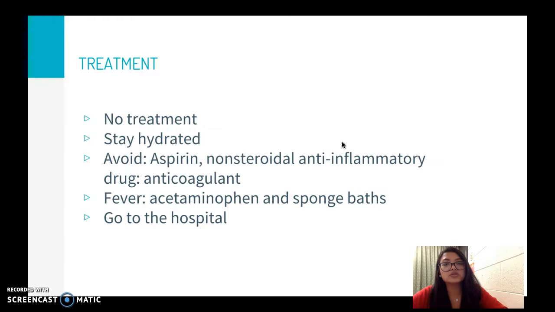To lower the fever, you can take acetaminophen or have tepid or lukewarm sponge baths. Like I said, I have to stress this. You have to go to the hospital because there's no treatment at home. However, it's best to have proper medical attention, and I'm pretty sure doctors and nurses give better treatment than you can.